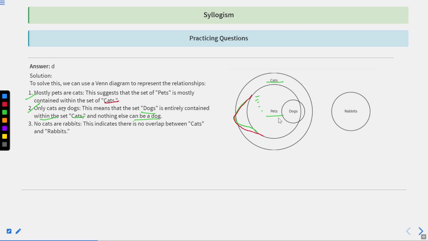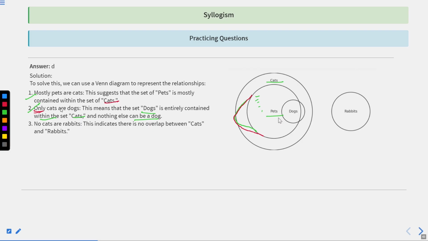Okay. Only cats are dogs. Whenever you find the word only, just reverse it, and it can be read out as all dogs are cats. Only cats are dogs can be inferred to all dogs are cats.